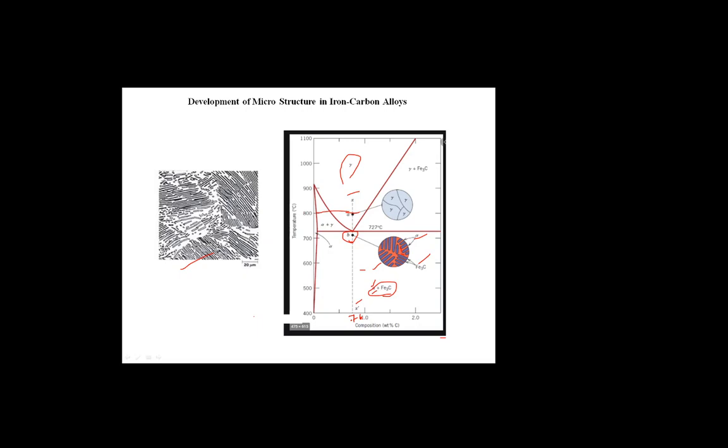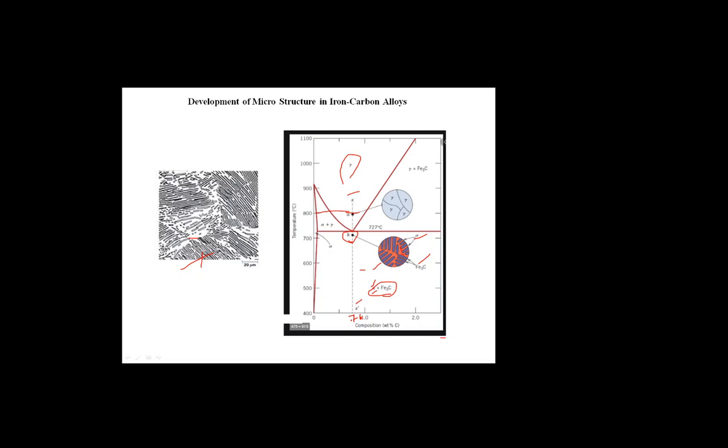The thick light layers are the ferrite phase, and the cementite phase appears as thin lamina, most of which appear dark. So this micrograph helps us understand the layer by layer structure of pearlite.